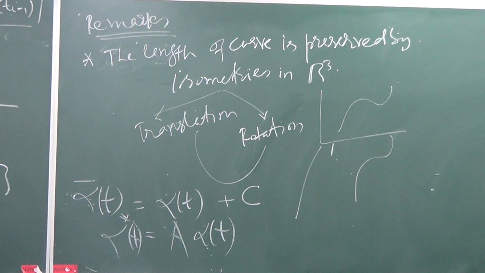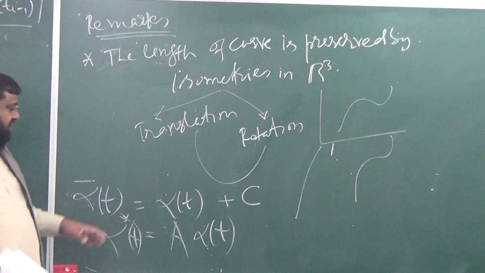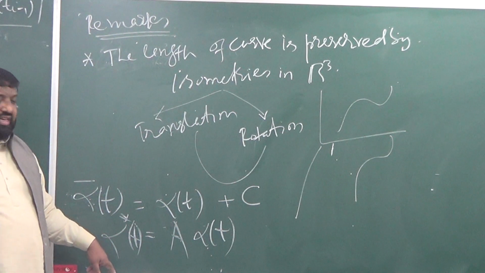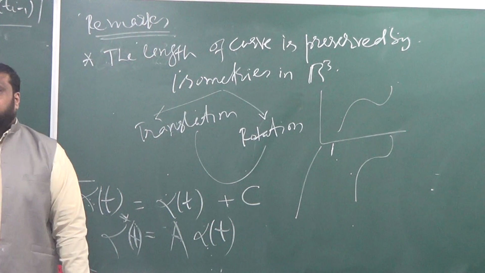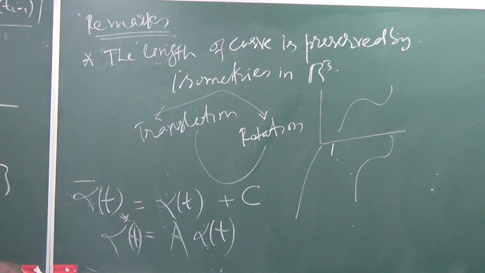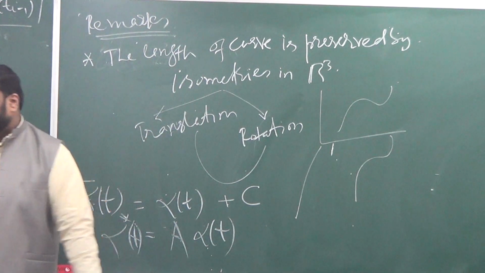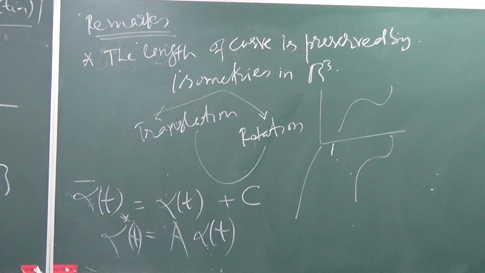I hope that you know what the rotation matrix in R3 is. Then compute the length of this alpha star, and it would turn out to be the same as the length of alpha. So translations and rotations are not making any change to the curve.